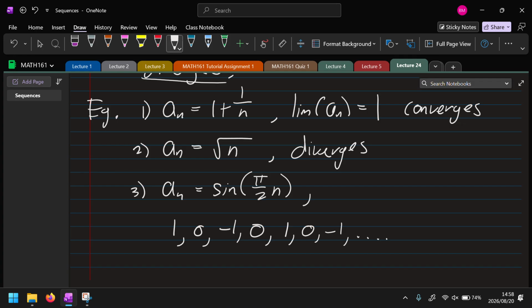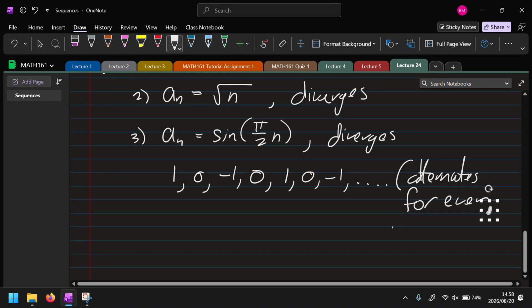So this diverges. Remember, it can only be converges or diverges. If something is alternating and it never settles on a limit value, we still say it diverges. Even though it doesn't go to infinity, it still diverges. So here, this alternates forever. So no limit value.